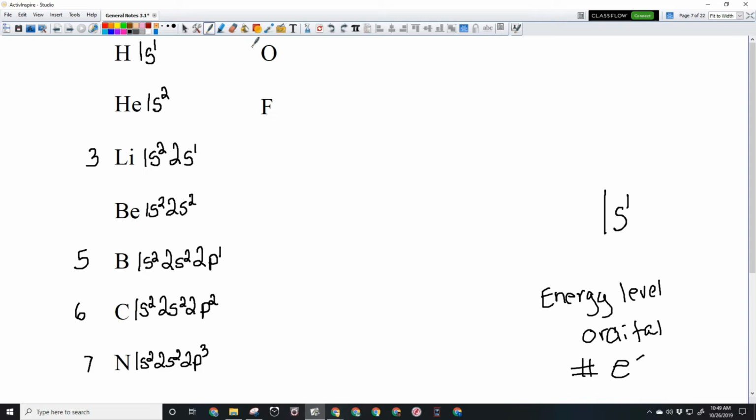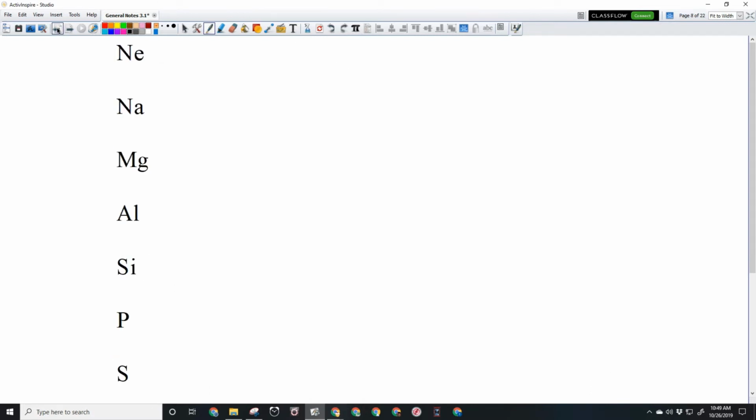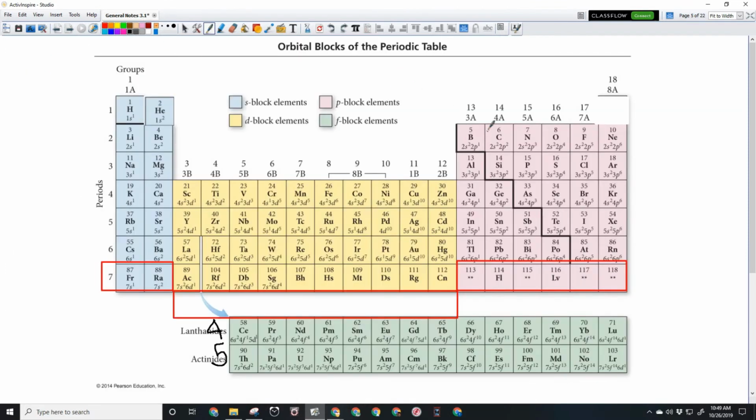Oxygen has 8 electrons. It's 1s2, 2s2, 2p4. It's in the fourth position over. Okay, and if we go back and look at that, 1, 2, 3, fourth position over.